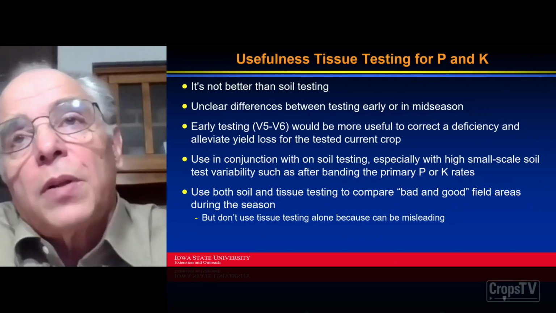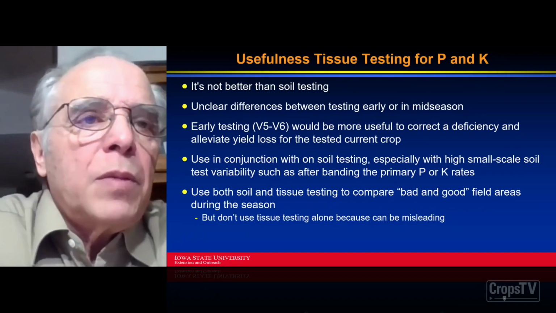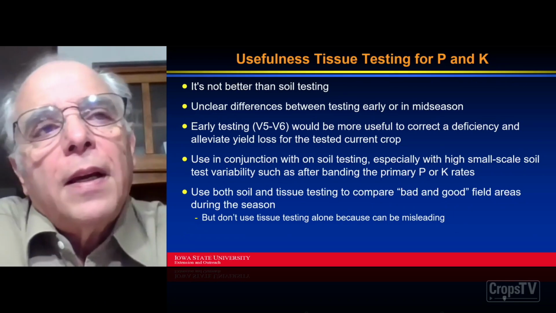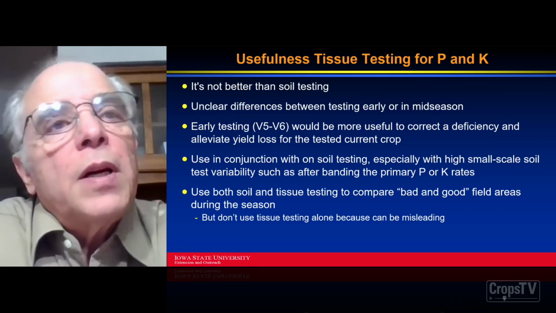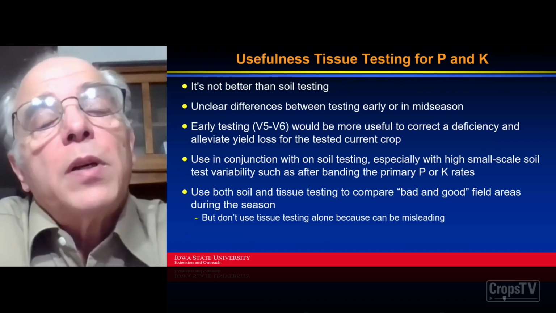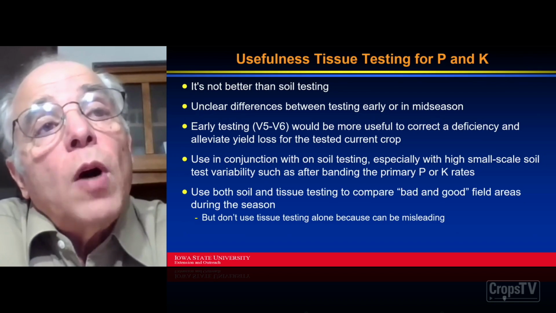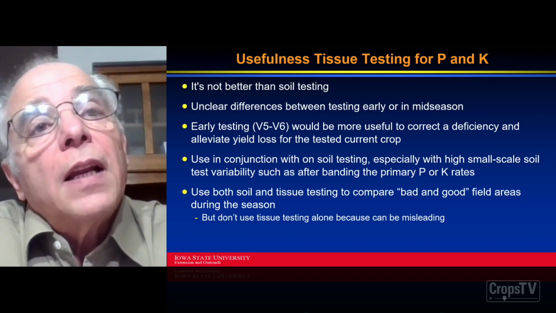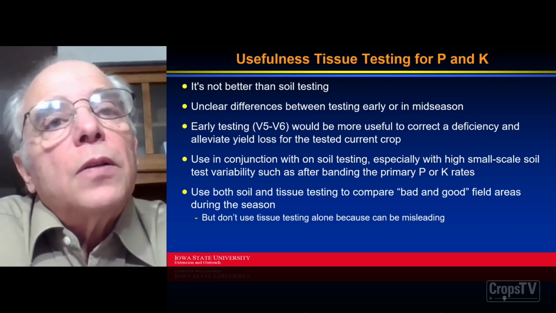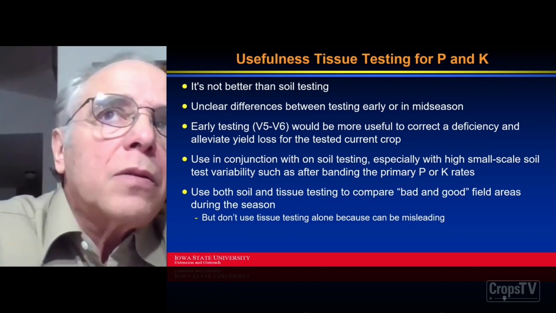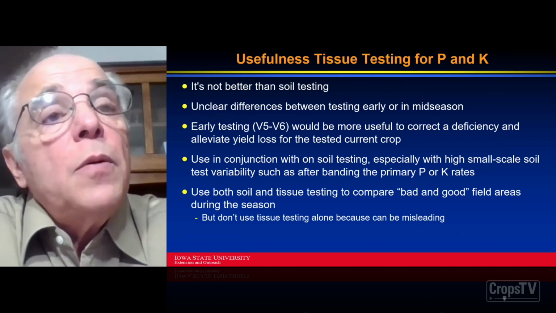When we sample at the reproductive stages, be it corn or soybean, for P and K, and micronutrients, there's not much you can do. The damage to the yield is done. So that's why I believe that testing early, if somebody wants to use that test to see if they can make a correction, say with foliar fertilization, will be useful.